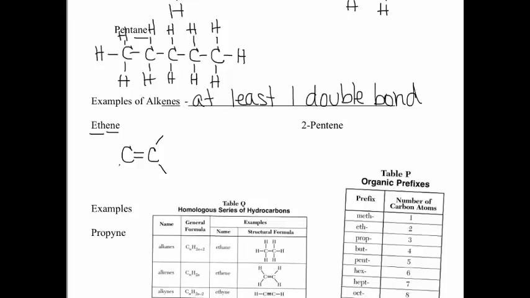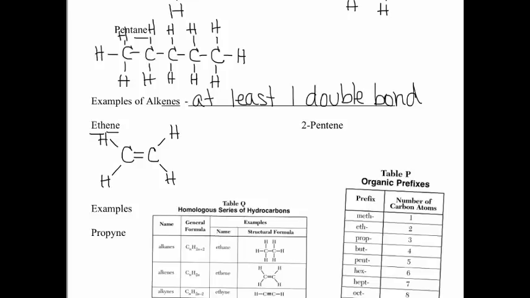Or, maybe more likely, you might draw them like this. Any way you do it, you have to draw them symmetrical because we know these are nonpolar. I'm going to draw them at the angle because that's actually more accurate. Like that, and then I'd put my hydrogens on there.